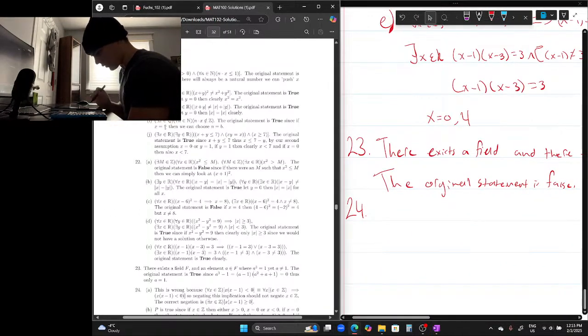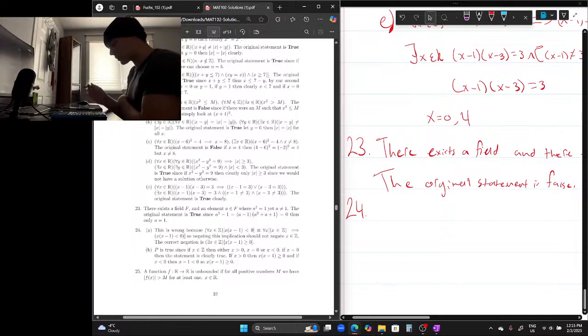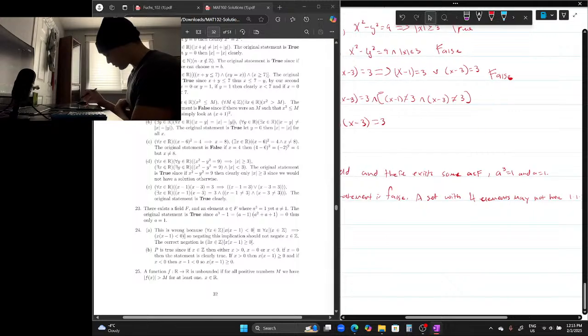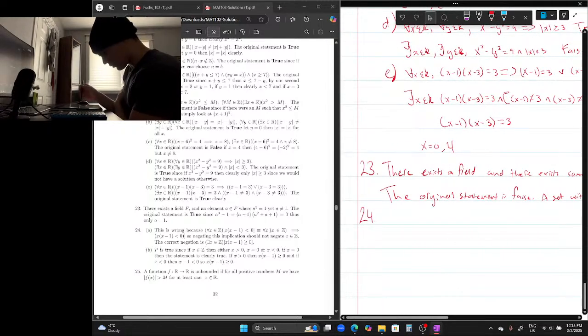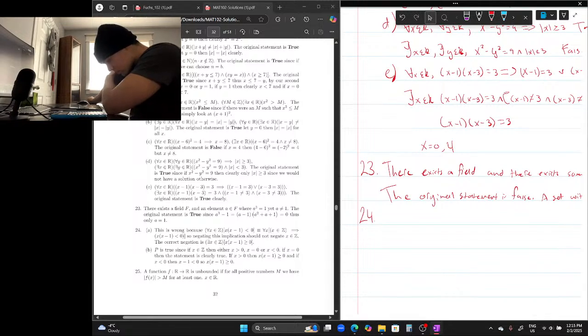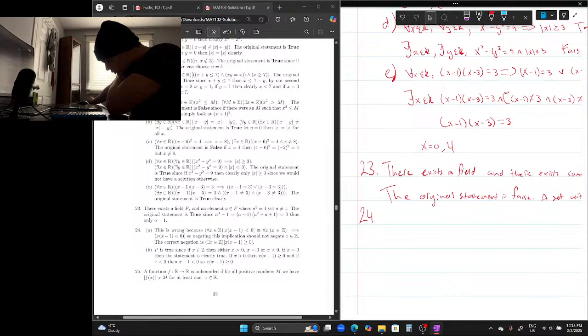Let's see what they say in the solutions. The real statement is true since A minus 1. Oh, shoot. Wait, what? I don't understand that.